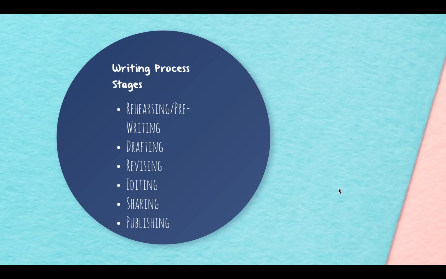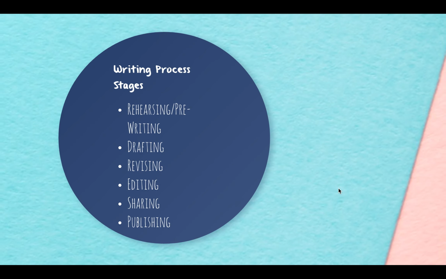And then publishing is when they get to actually publish it and see their book come alive, and whether you choose to have those sent home and laminated at the end of the year, or if they have a party once a year or twice a year, whatever. Publishing is super important, and it makes them think like, wow, I published a book. So that's super awesome.